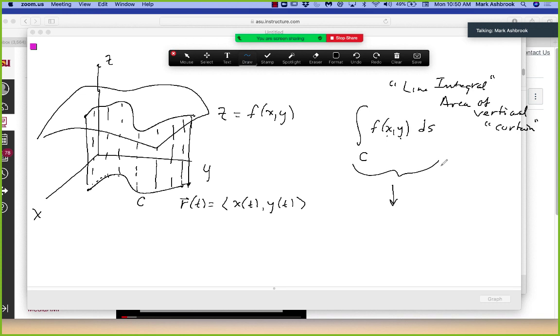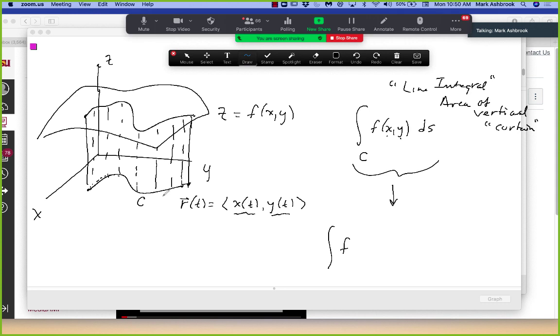So what was the process to solve that? Write the variables in terms of t. Right. So we still have a single integral. So we need to get it in terms of a single variable. That's going to be t. So we're going to rewrite our function using that. We only care about the ordered pairs along our curve.